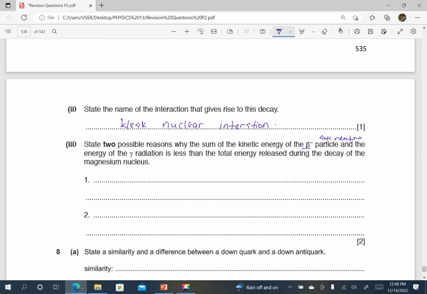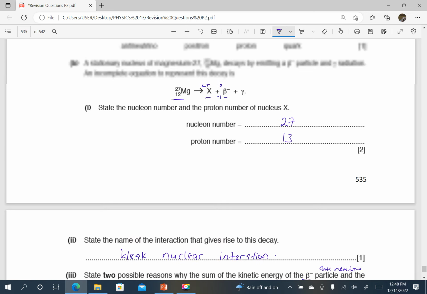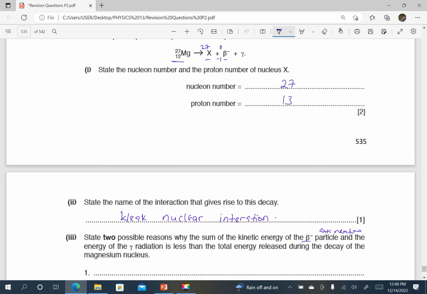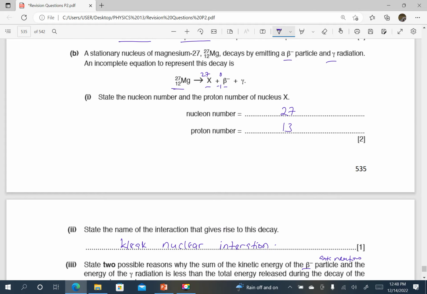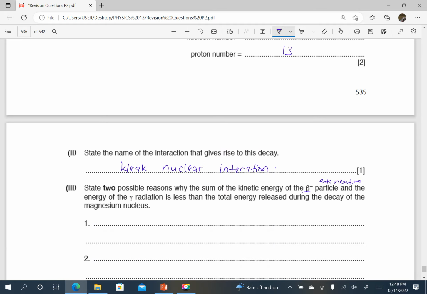Number two, the magnesium nucleus may recoil during the production of those particles. So it may also have kinetic energy, or even X could also be having kinetic energy. Therefore, the sum of the kinetic energy of beta minus and gamma radiation is going to be less than the total energy during the decay.